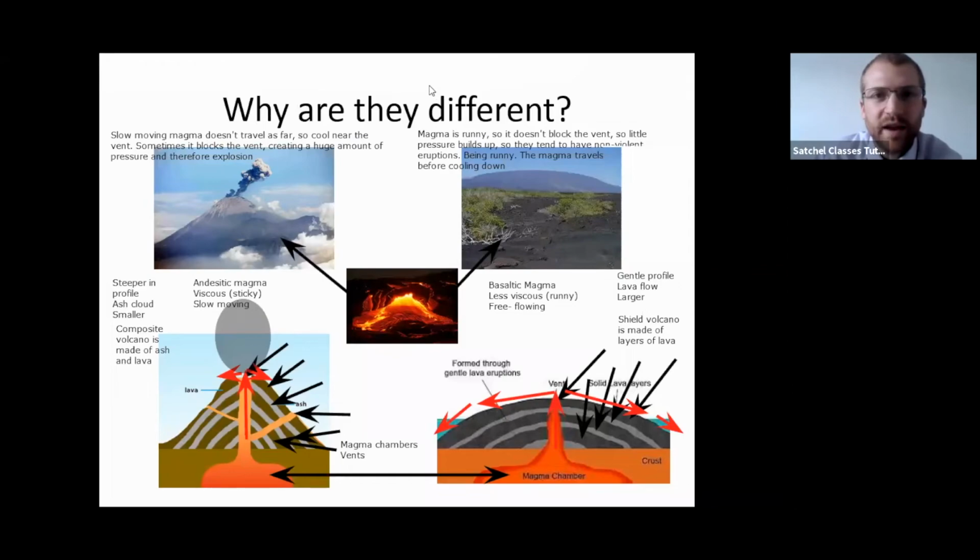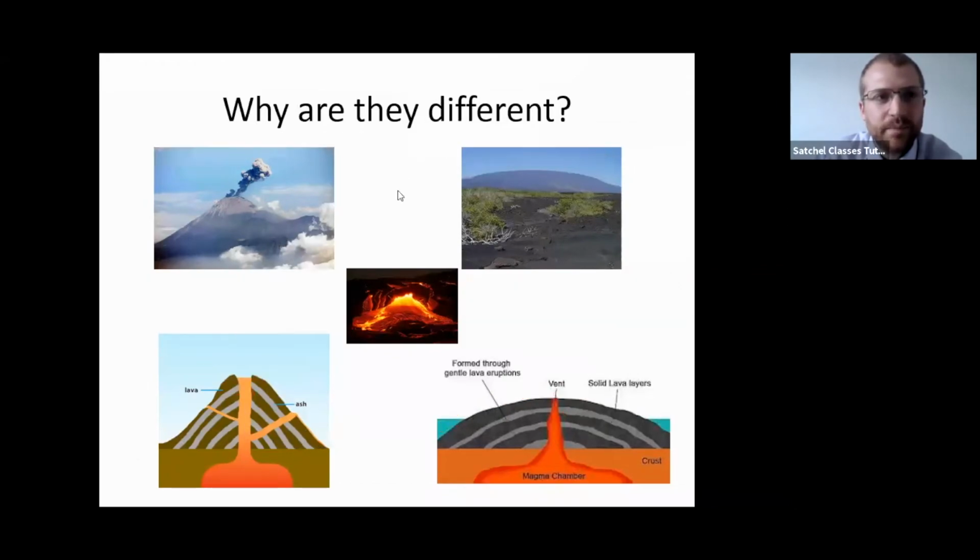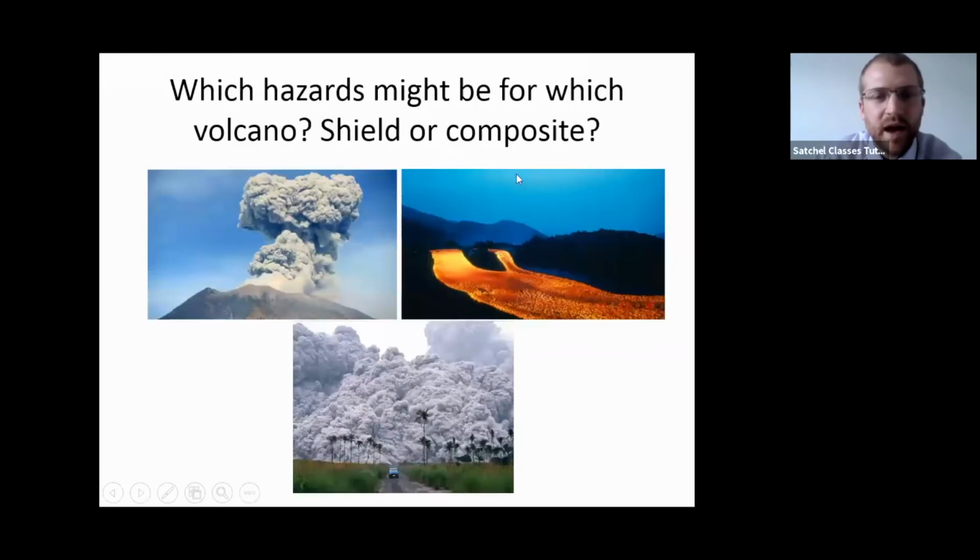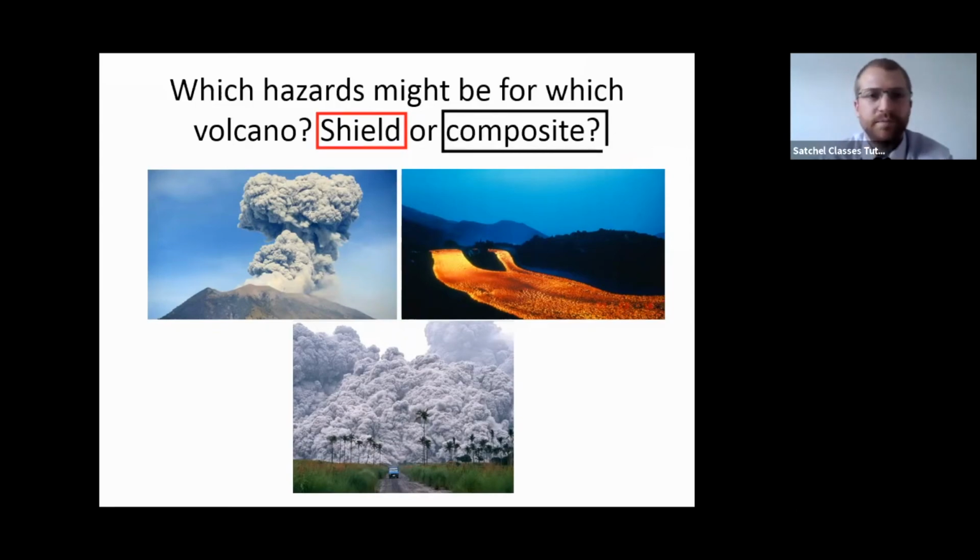So, just as we get towards the end, what we'll do is we'll clear those and we'll see if we can associate these different landforms, these different hazards, to these two volcanoes. So we will do shield and we will do composite as black.